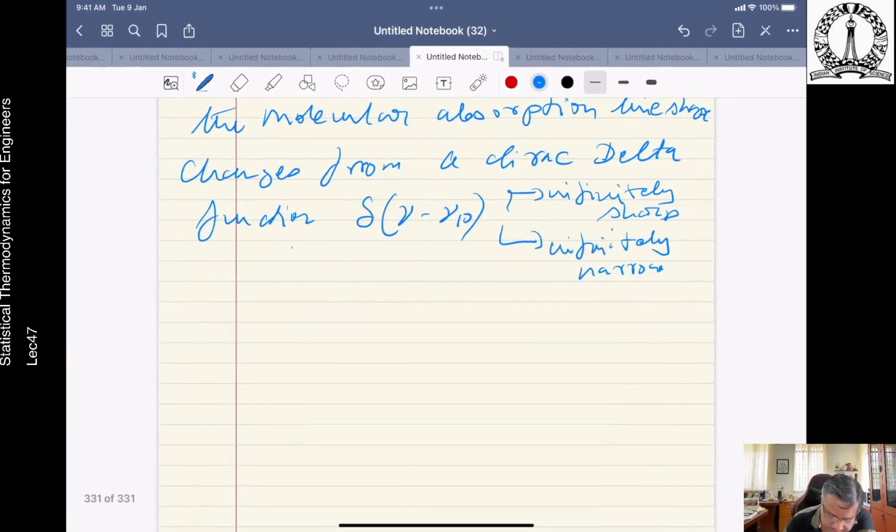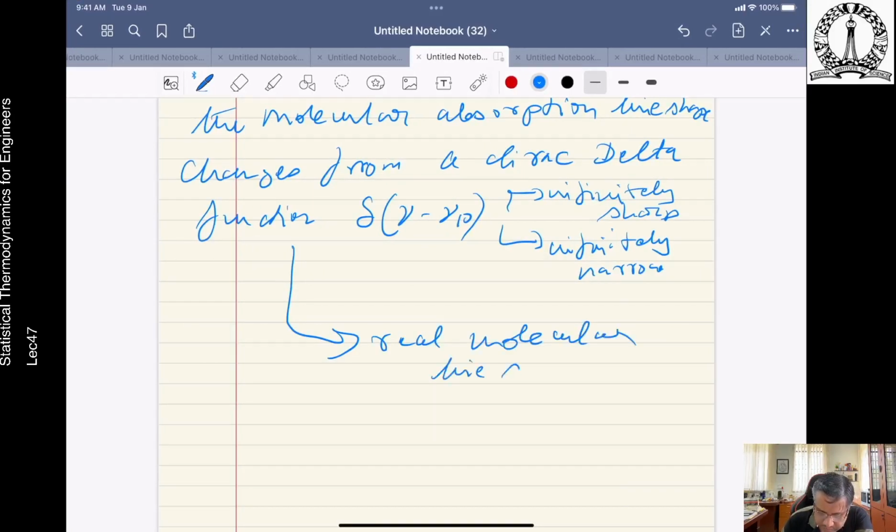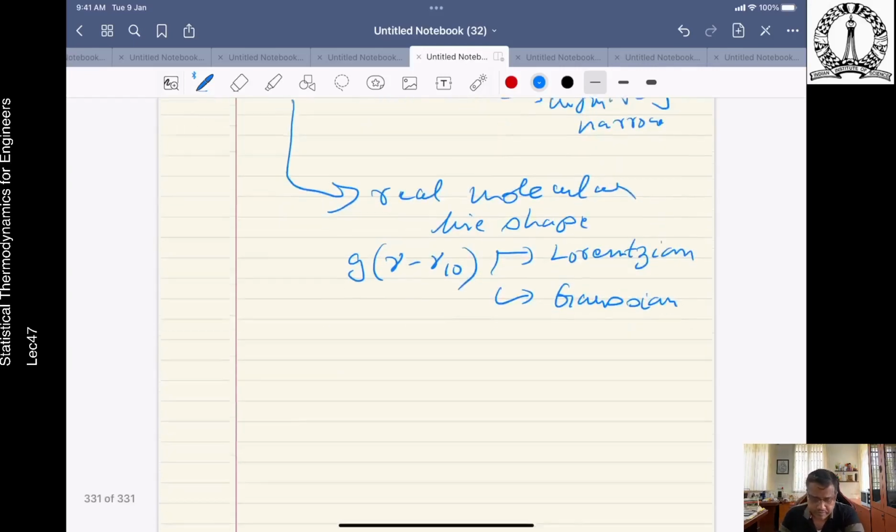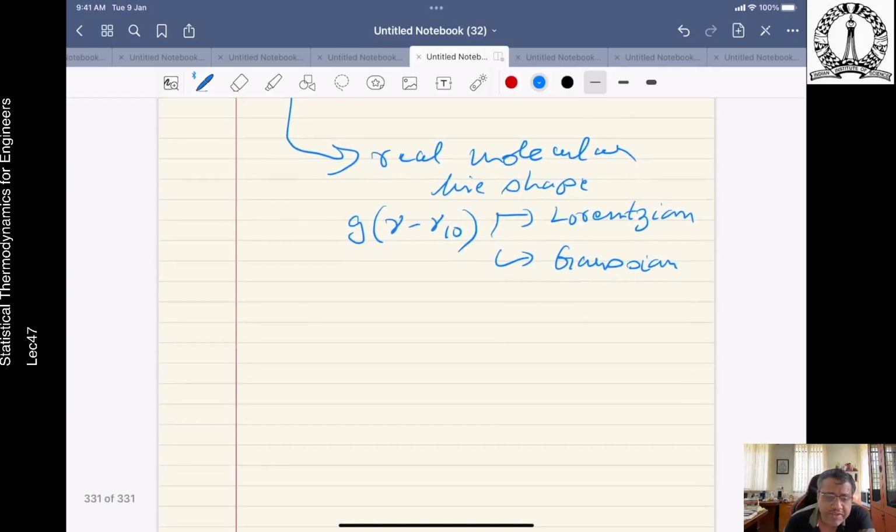So this converts to a real molecular line shape. Okay, so this molecular line shape is given as G, which can be either a Lorentzian or a Gaussian, of unit area but finite width and height. As a result, the equations can be rewritten now.